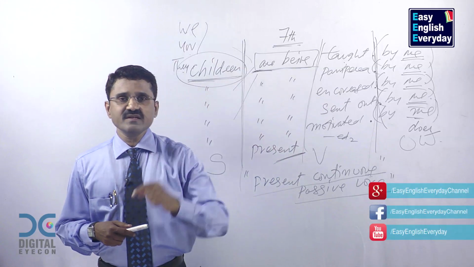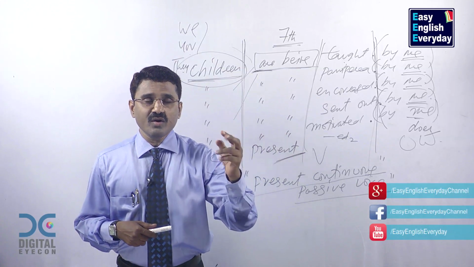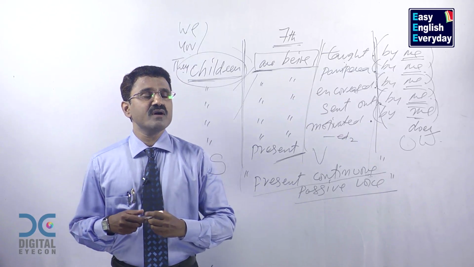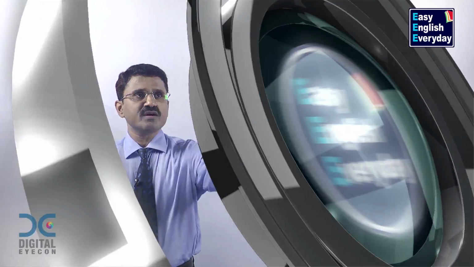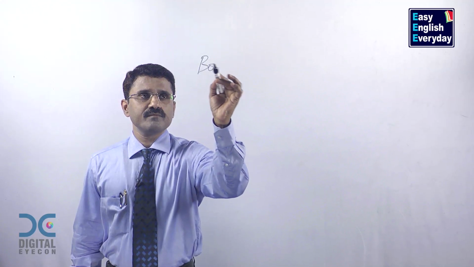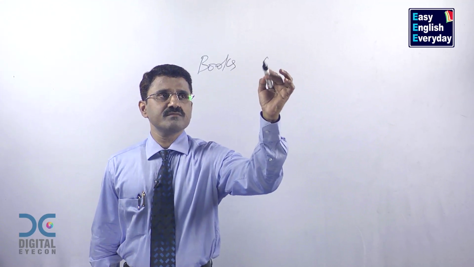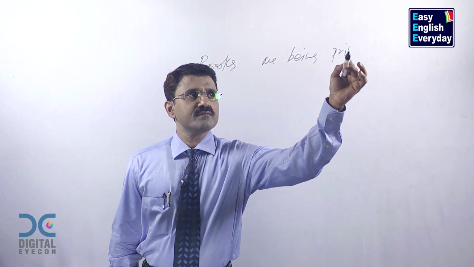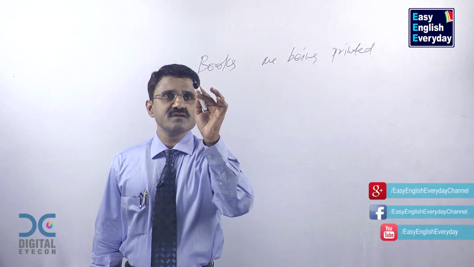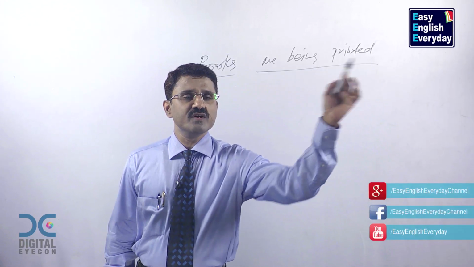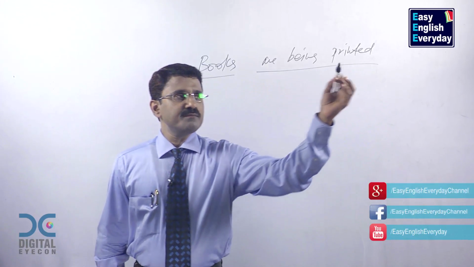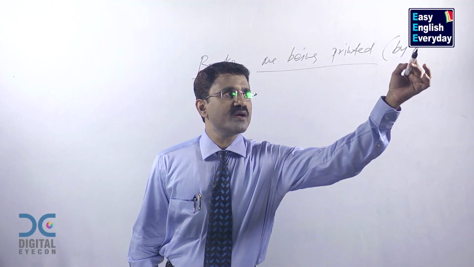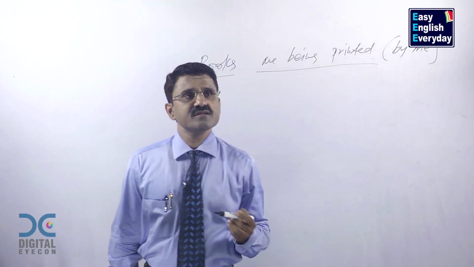You can make sentences even for a non-living subject also. Let us see how we can make sentences for a non-living subject. Look at this example. Books are being printed. Subject, verb. Books are being printed. If you want to mention the doer, you can mention, otherwise you can ignore it like this.